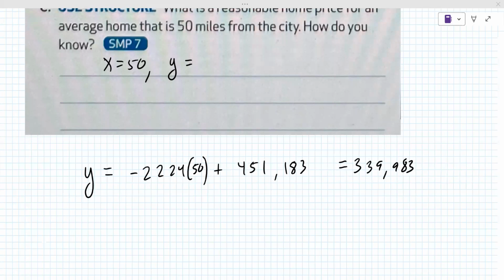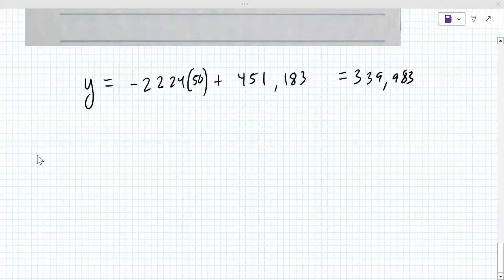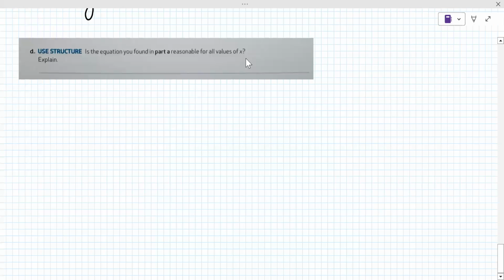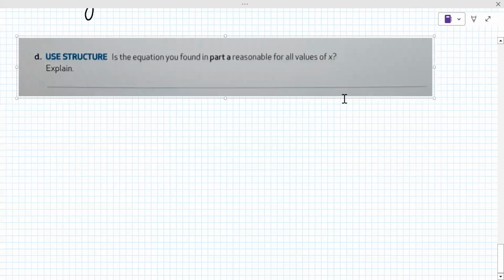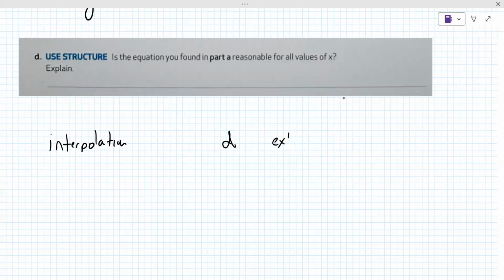All right. So the next question, D here, says, is the equation you found in part A reasonable for all values of X? There's kind of a bigger question here, which is whether you can do what's called interpolation and extrapolation.